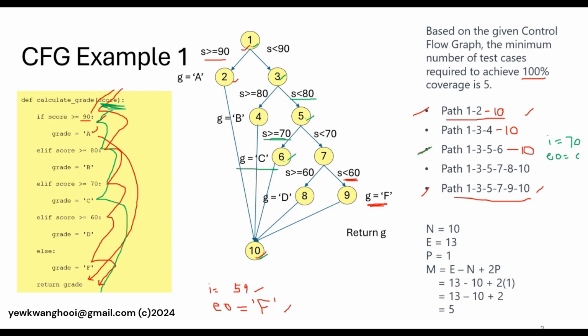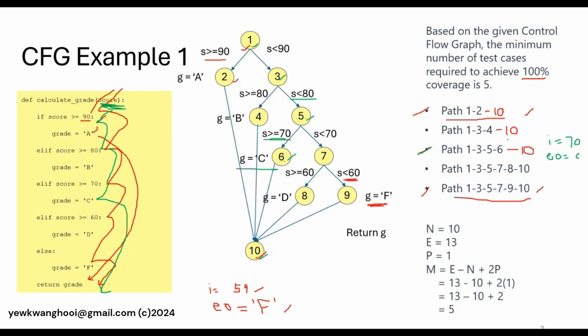Get out from the function. I see. Now I have tested if score greater than 90, if score greater than 80, if score greater than 70. But I haven't tested score greater than 60, right? And others. So because I haven't done for path 1, 3, 5, 7, 8, 10, I haven't done for path 1, 3, 4, 10.